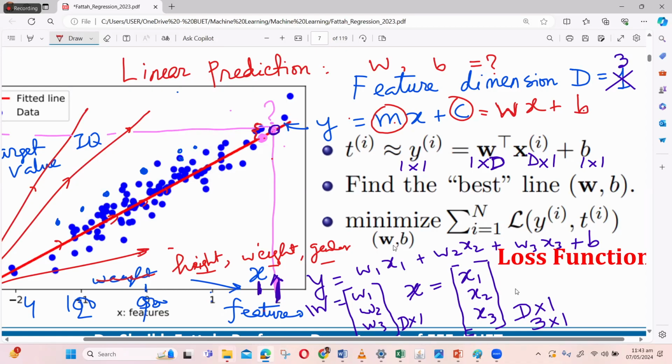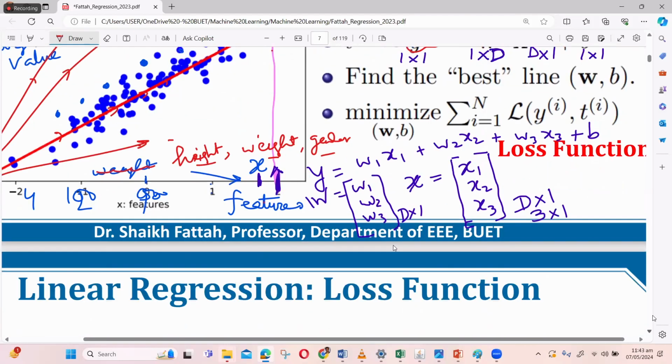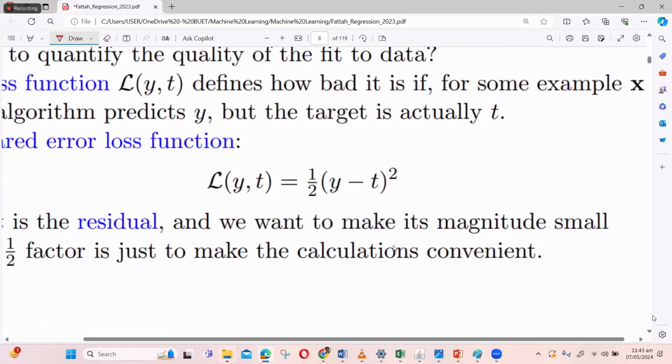So i equals 1, 2, 3, 4. What is i? i is the index over the number of students, or the number of samples, in the class. For each sample, your job is to find an estimate. That is what I was saying at the end of the last class.